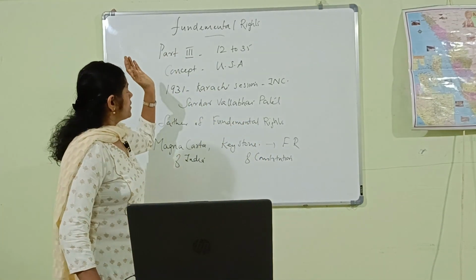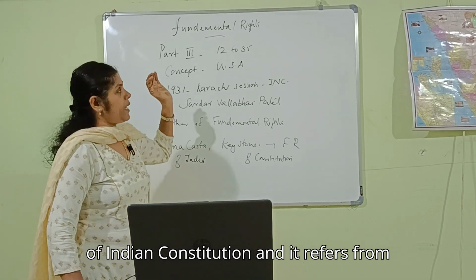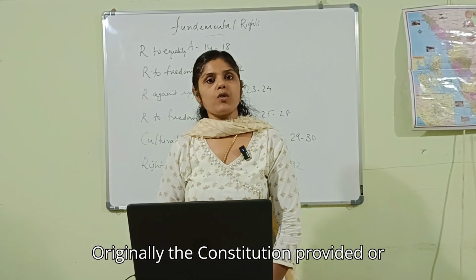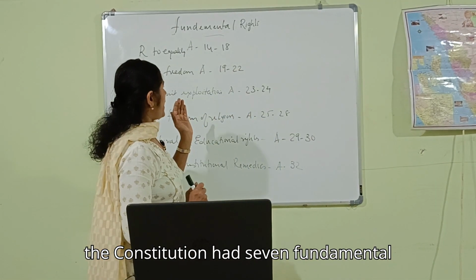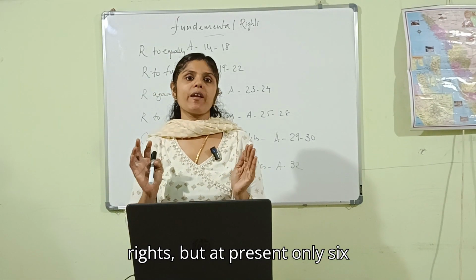As we mentioned, fundamental rights belong to Part 3 of the Indian Constitution, from Article 12 to Article 35. Originally, the Constitution had 7 fundamental rights, but at present only 6 are there.